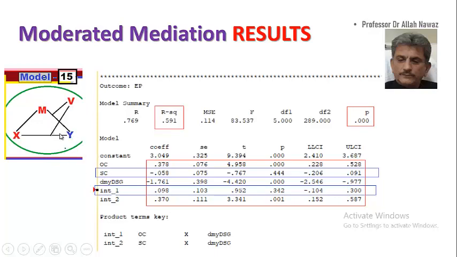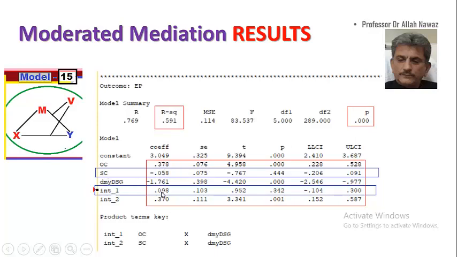So all the direct and indirect impacts of all the variables on employee performance are given here, and we can see that R square is 0.59, meaning that around 60% of variation is explained by all these variables. It is also significant. The p-value is far less than the required 0.05.